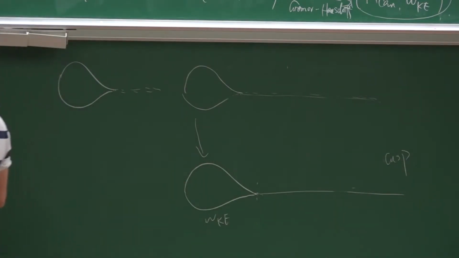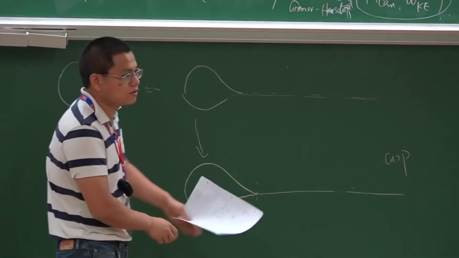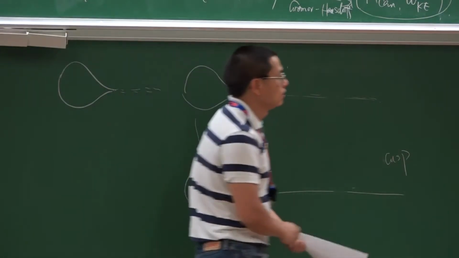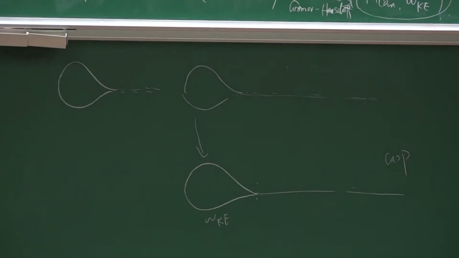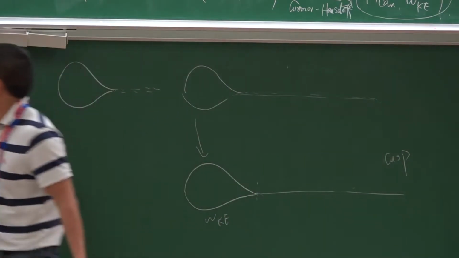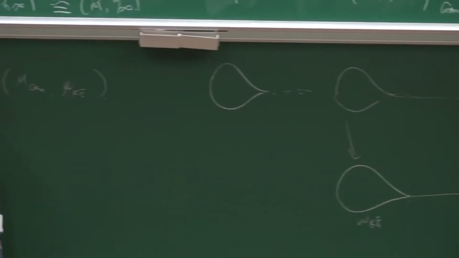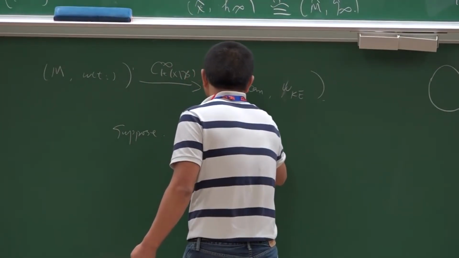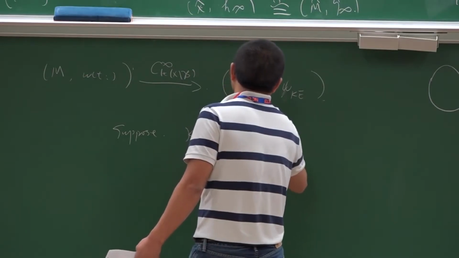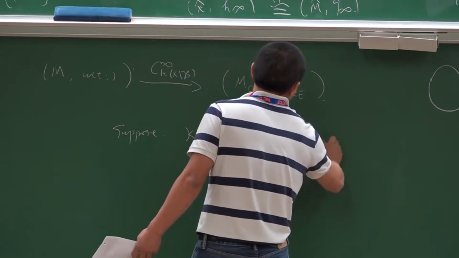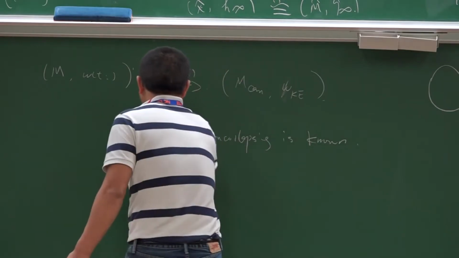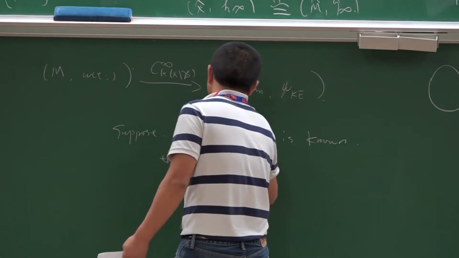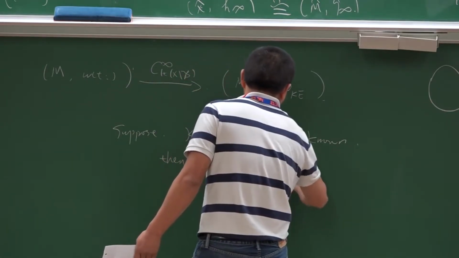So, suppose you can show this kappa non-collapsing, then you can rule out the cusp. The thing is this. Suppose kappa non-collapsing holds. Then the cusp does not appear.